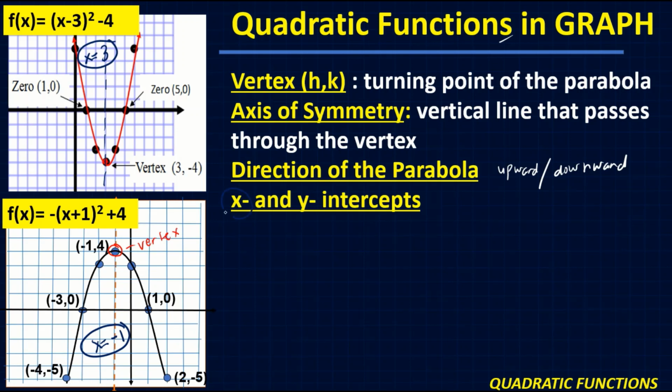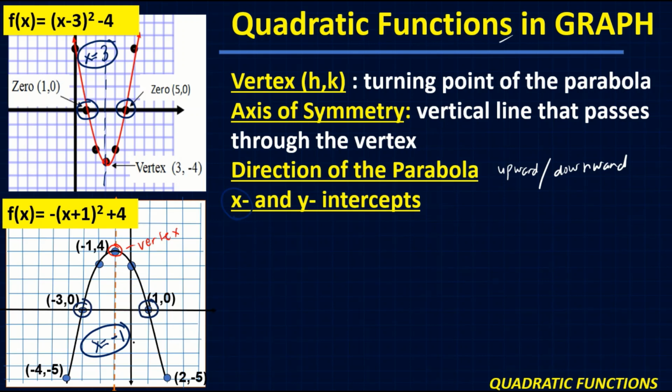When we have the x-intercept, ito yung mga points na dadaan mula doon sa ating parabola sa x-axis. So, in here, in the first graph natin, ang x-intercept natin ay na kay 1 and positive 5. Sa second graph, ang x-intercepts natin ay na kay negative 3 and positive 1.